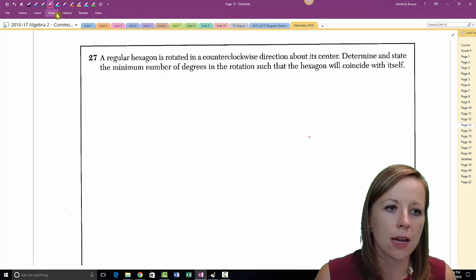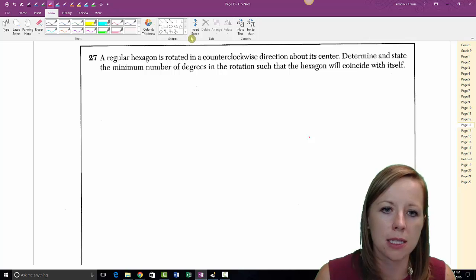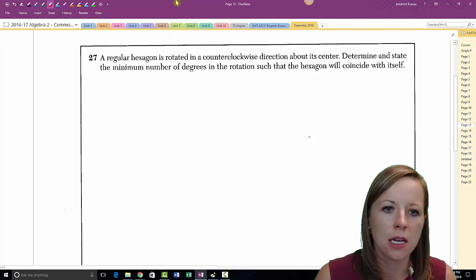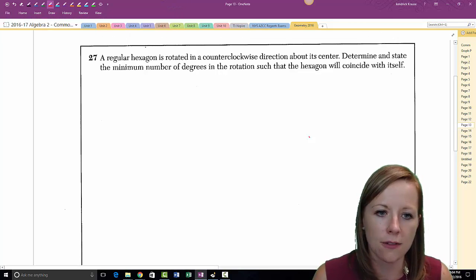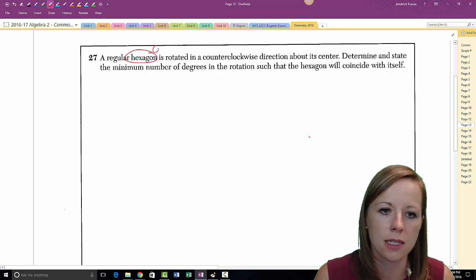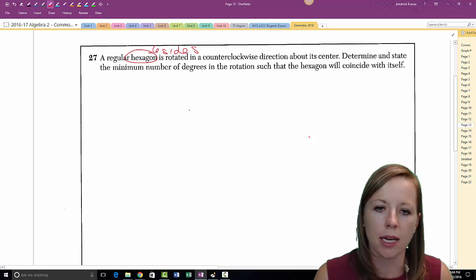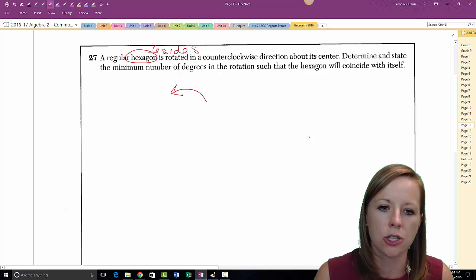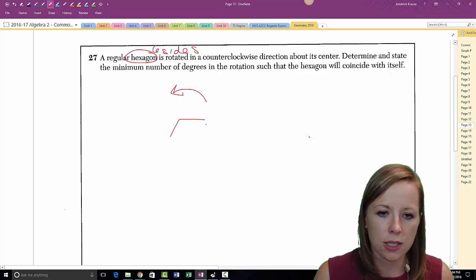Key thing here is that a regular hexagon means that all sides are congruent. So, oh, I don't have the shape in here. Sorry, I thought I did. So a hexagon, first of all, has 6 sides. And we're rotating counterclockwise, so that is this direction. So if I just sketch one of these things, clearly I'm doing a great job.